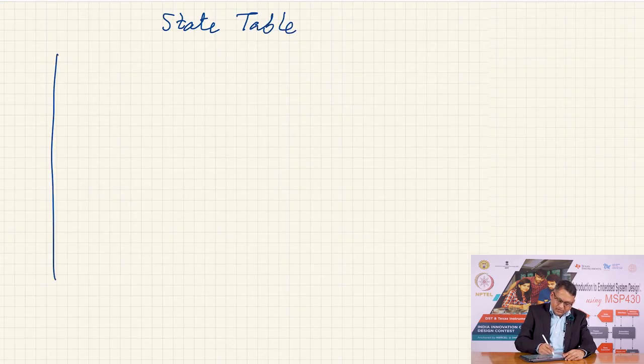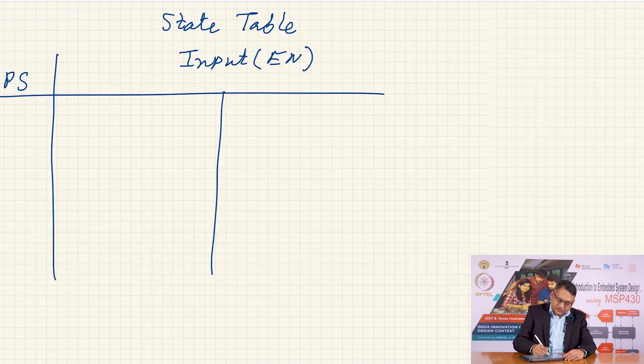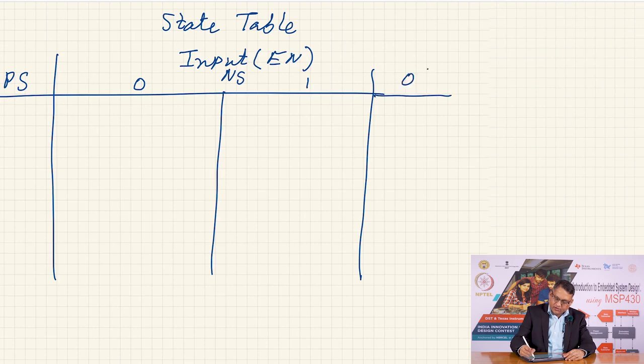Here you will write present state, and the input which is enable, if it is 0 and if it is 1, because there is only one input, what will be the next state, and here is your output.